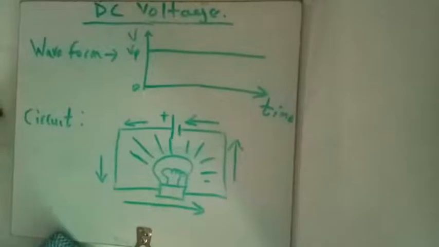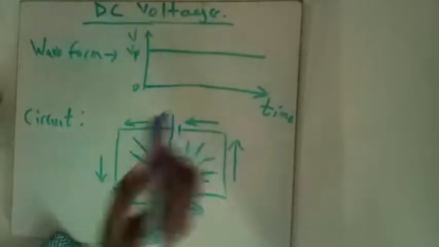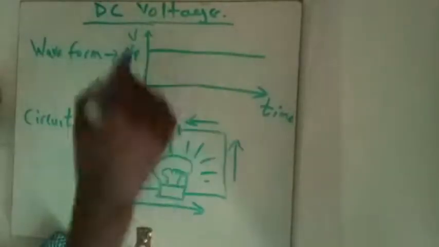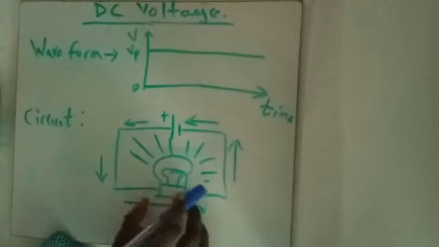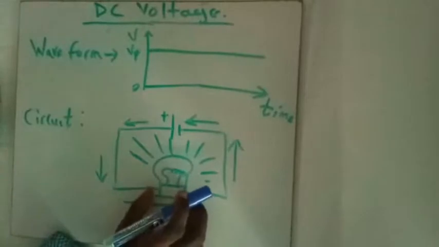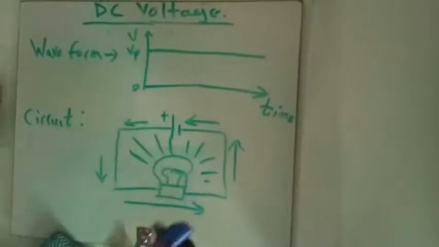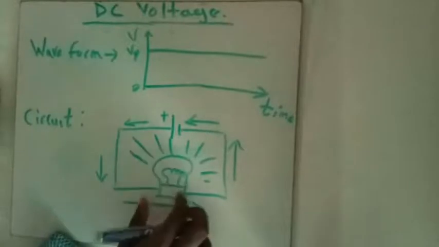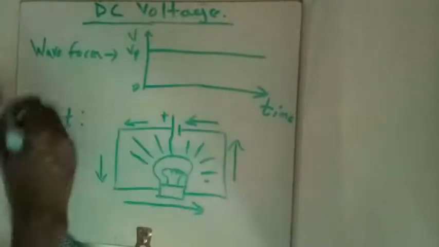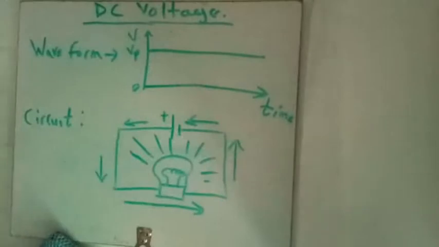So that is one way of differentiating AC voltage from a DC voltage, by using the waveform, and also explaining how an incandescent bulb would respond to being powered by an AC voltage source initially, and now a DC voltage source.